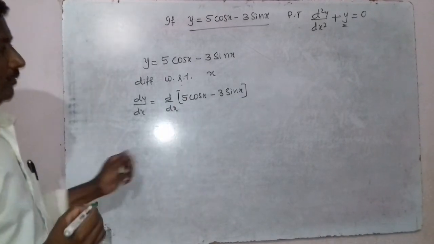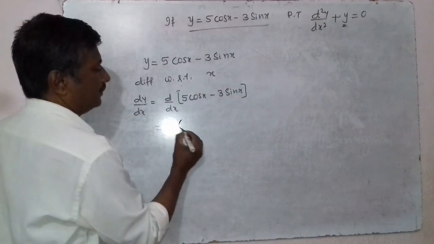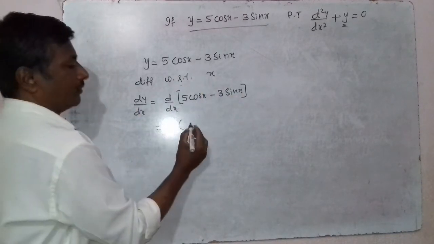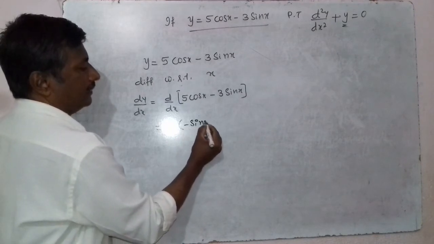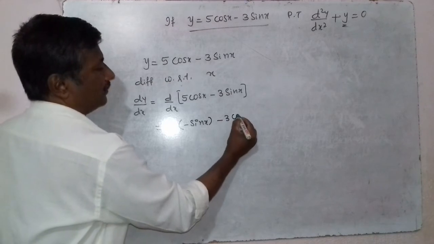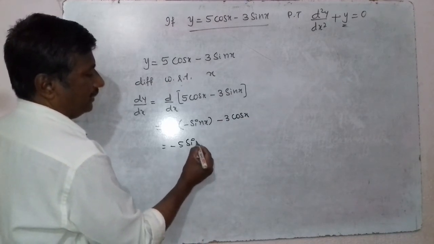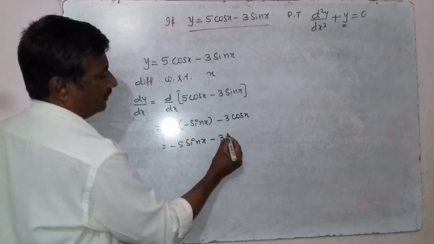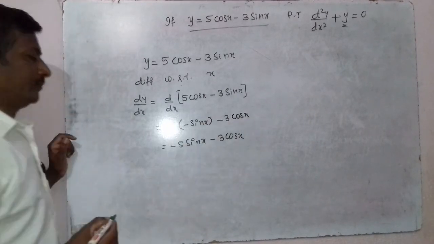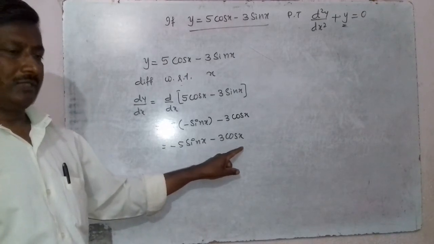This is f(x) minus g(x), so 5 times the derivative of cos, which is minus sin x, minus 3 times the derivative of sin x, which is cos x. So this equals minus 5 sin x minus 3 cos x, that is, minus (5 sin x minus 3 cos x).